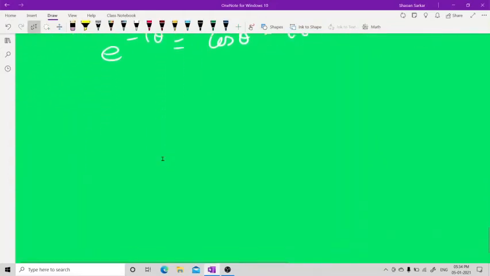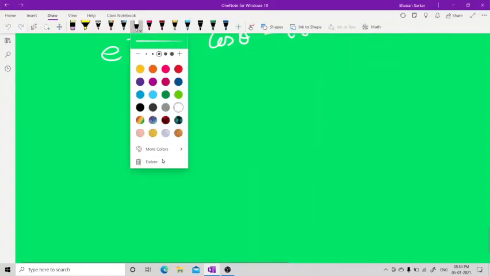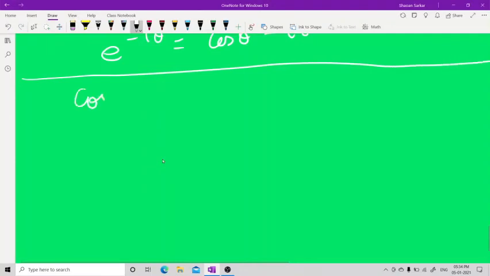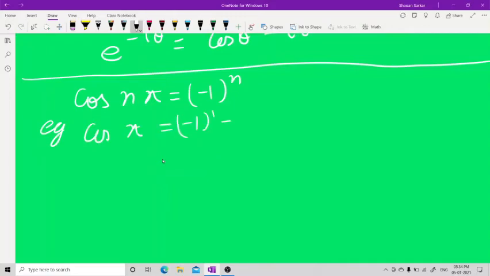Now you see one thing. Now see, cos n pi is always minus 1 to the power of n. Example, if I take cos pi, then n is 1, then I get minus 1 to the power of 1, and that is minus 1.